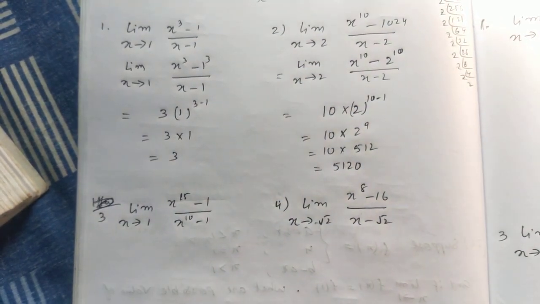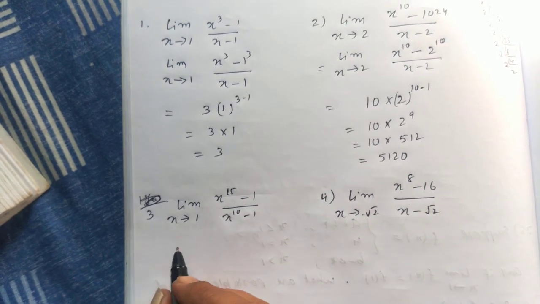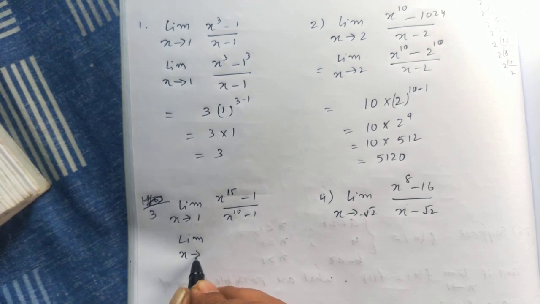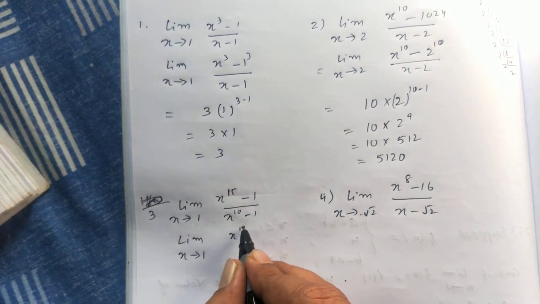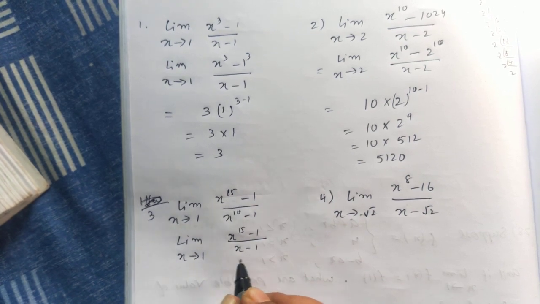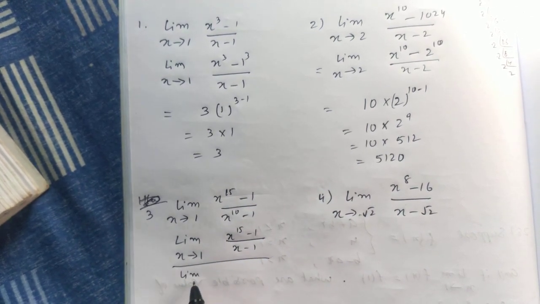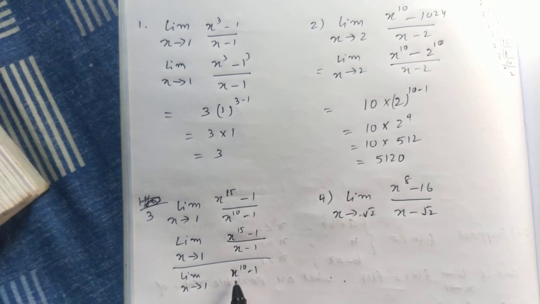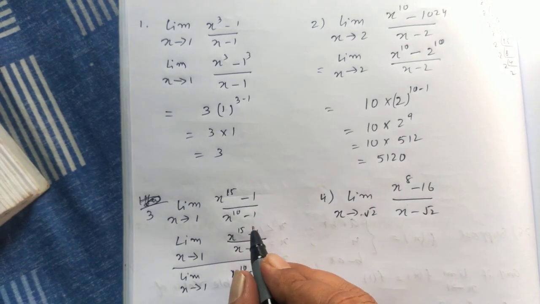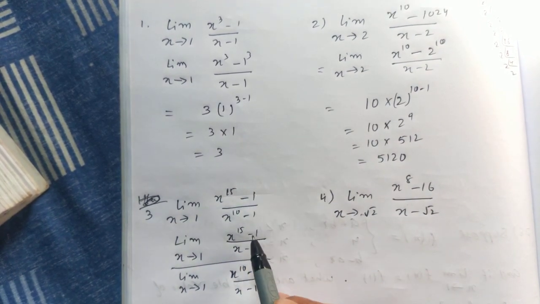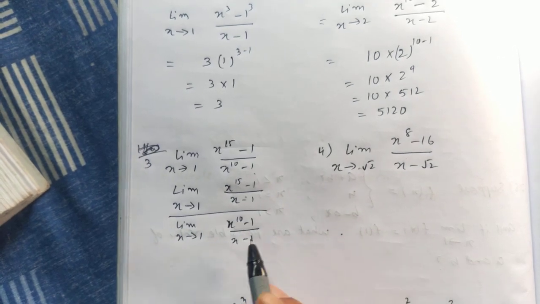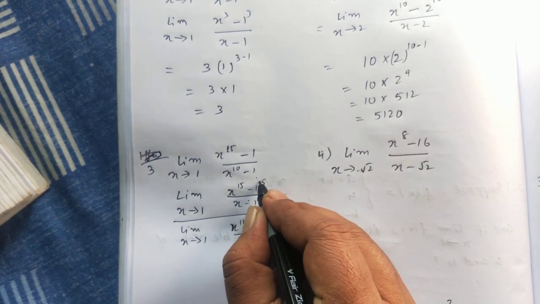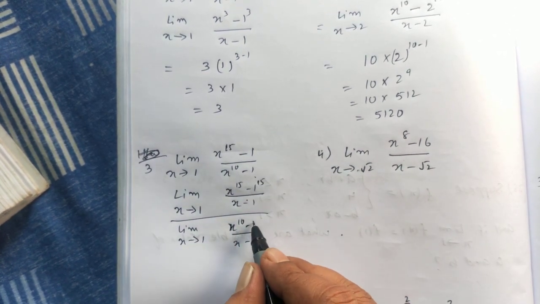Let's do this. Limit x tends to 1, I can write x power 15 minus 1 divided by x minus 1, over limit x tends to 1, x power 10 minus 1 by x minus 1. So we are dividing the numerator and denominator by x minus 1, meaning it is the same. And the power of 1 we can write as 15 also, and 10 also.